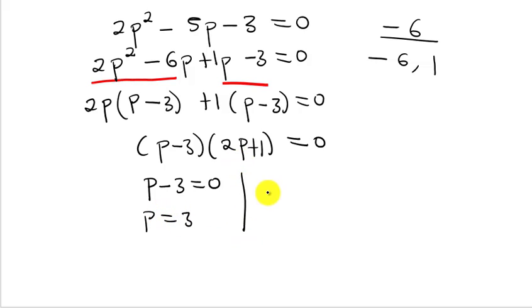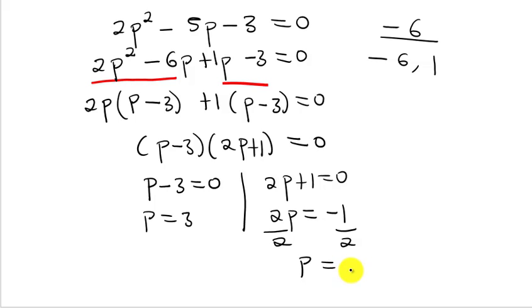We take the other linear factor, 2p plus 1 is equal to 0, and this will give us 2p being equal to negative 1. Divide both sides by 2 and we get p equal to negative 1 over 2. Therefore, we have two values, p is equal to 3 and p is equal to negative 1 over 2.